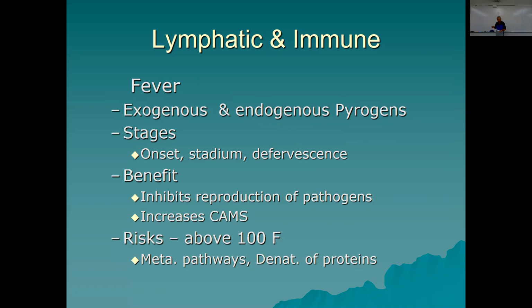And it used to be thought that fever was a bad thing, that it was something to be fought and reduced. And prostaglandins are one thing that cause fever, and aspirin actually inhibits the production of prostaglandins, so you can actually break a fever by drugs, one of which is aspirin.